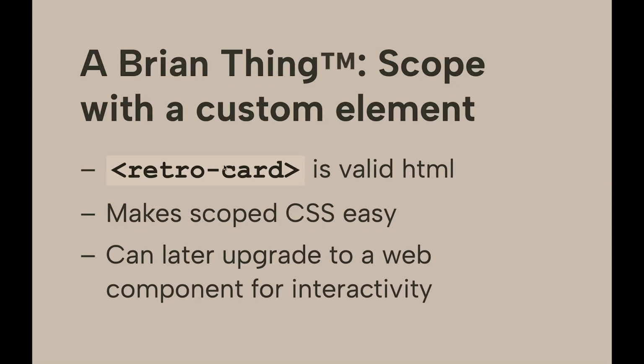And then also, as we'll see in this example, if you do have interactivity, you can upgrade it to be an actual web component. So I like being able to have that element for scoping, and then when there does need to be interactivity, it's nice that you can just give it that little upgrade.